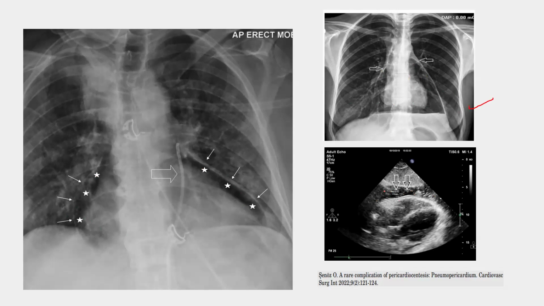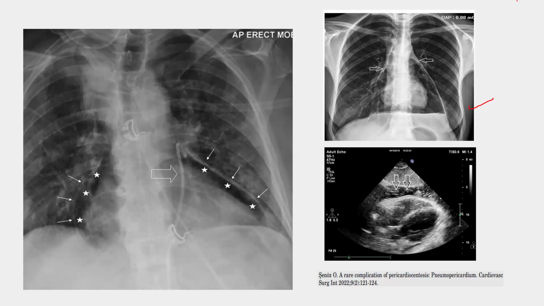So what are the causes of pneumopericardium? What makes air inside the pericardial space?